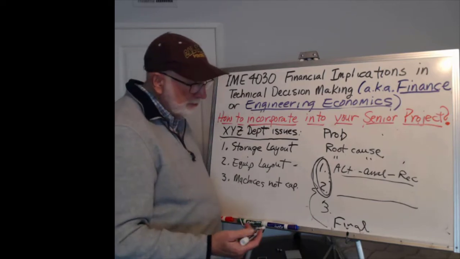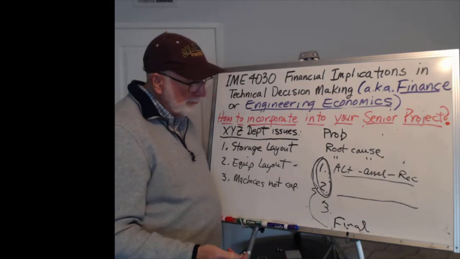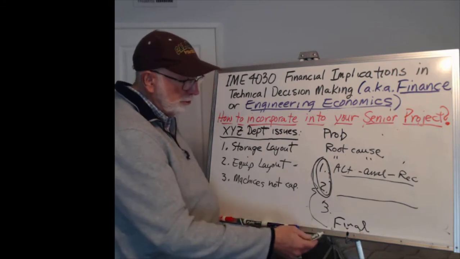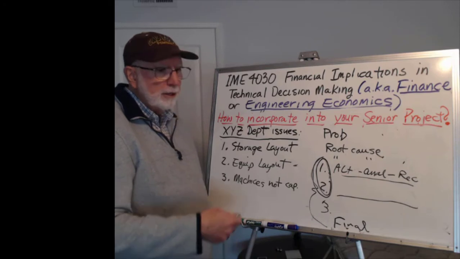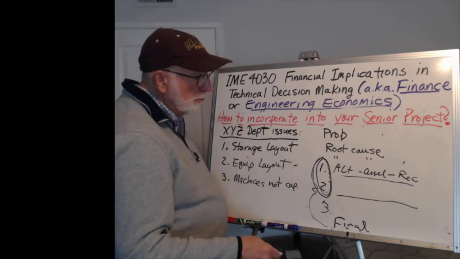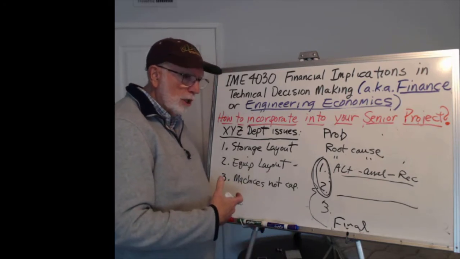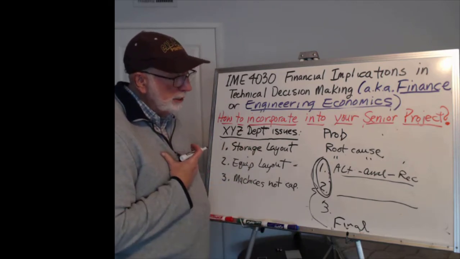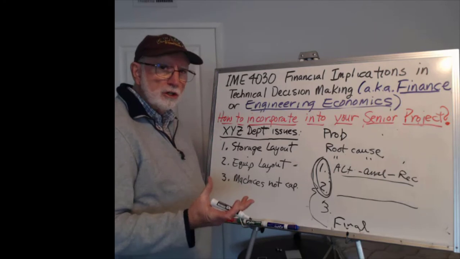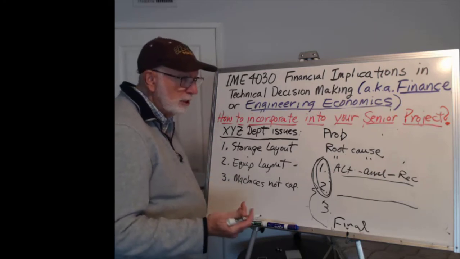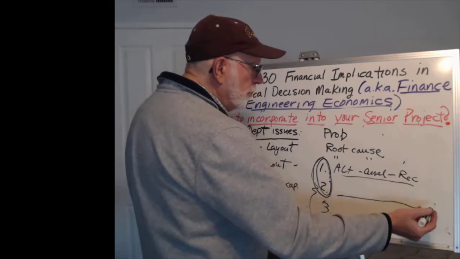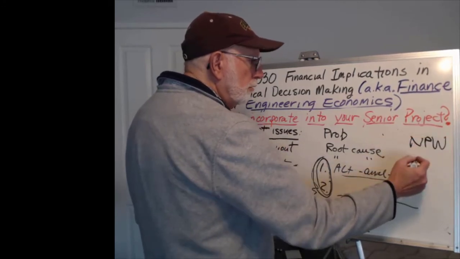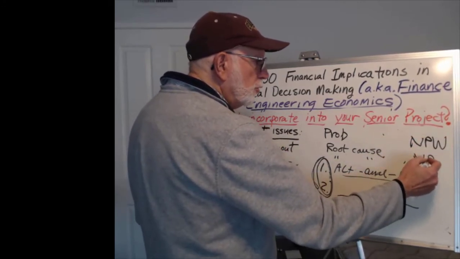Now, we have different schools of thought among the faculty. In your written report, you can include cash flow diagrams and calculations, but in a formal presentation, I personally don't need to see your cash flow diagram. I'm happy if you show me what the 2 net present worths are for your, say, your final 2 alternatives.